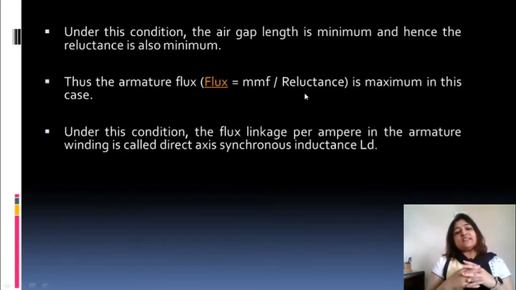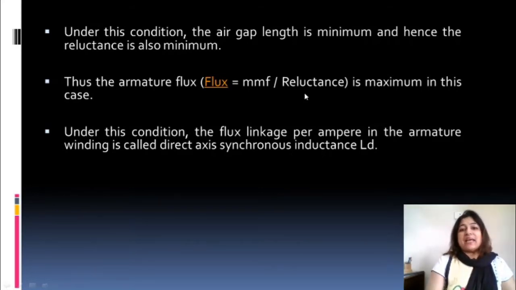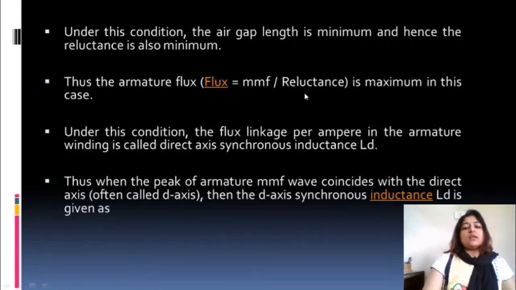So basically when we say direct axis synchronous reactance, ultimately it has to do with the flux linkages. We can say the flux linkages per ampere in the armature winding is called the direct axis synchronous inductance. When we say flux linkage, it is inductance. Thus the peak of the armature MMF wave coincides with the direct axis, which is the d-axis represented in the figure.